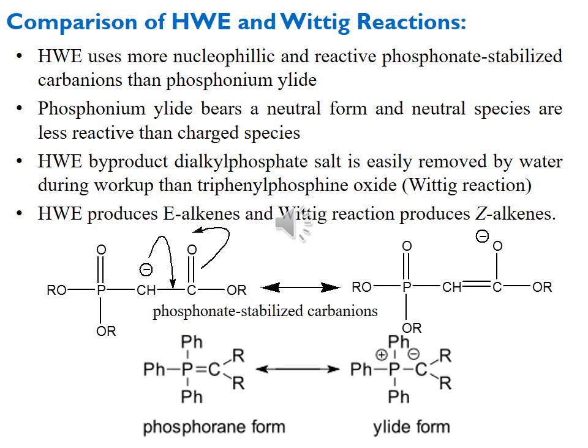The difference between these two is that the Wittig reaction uses aldehyde and ketone, HWE also uses aldehyde and ketone, but HWE reacts the aldehyde and ketone with phosphonate-stabilized carbanions, and the Wittig reaction reacts them with a phosphonium ylide.